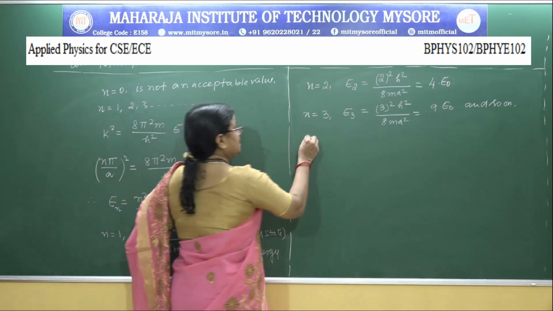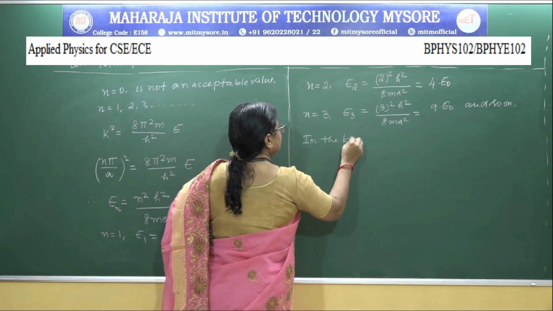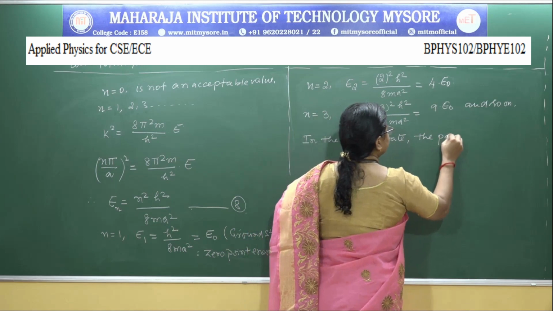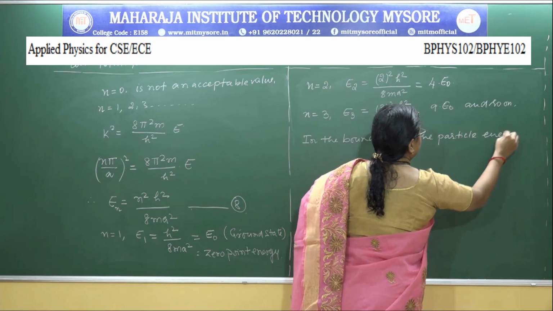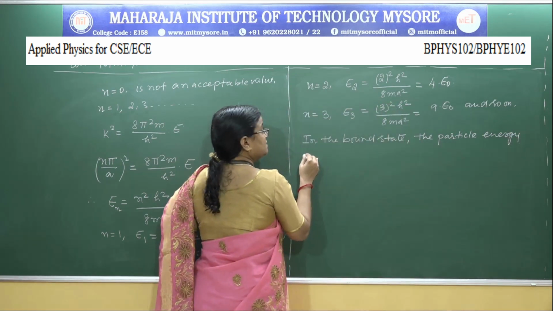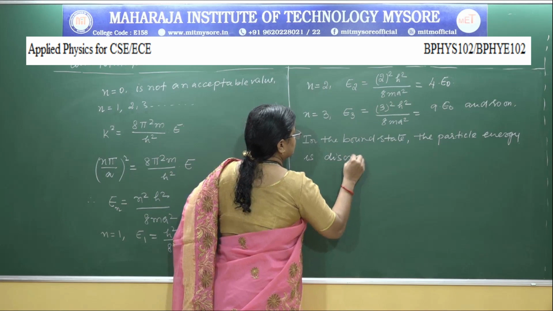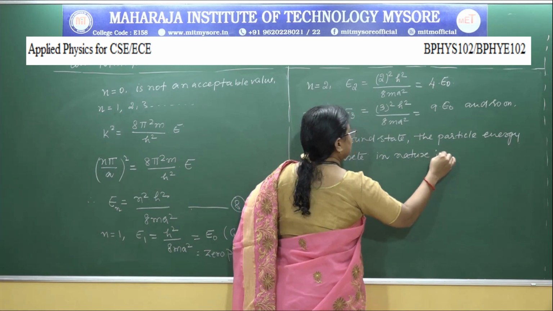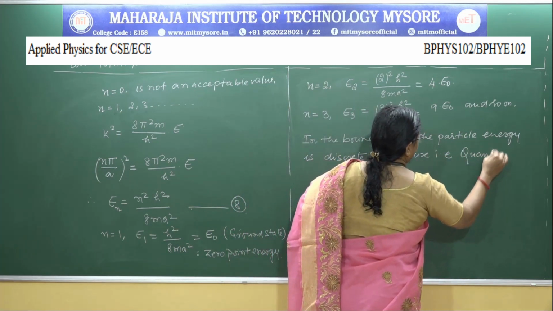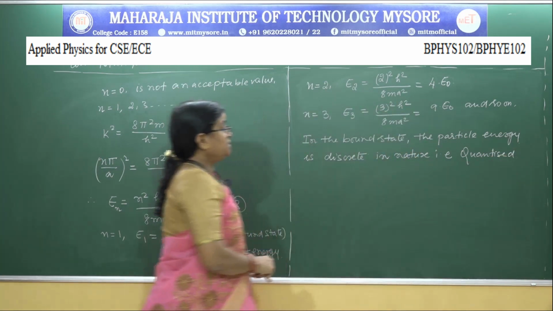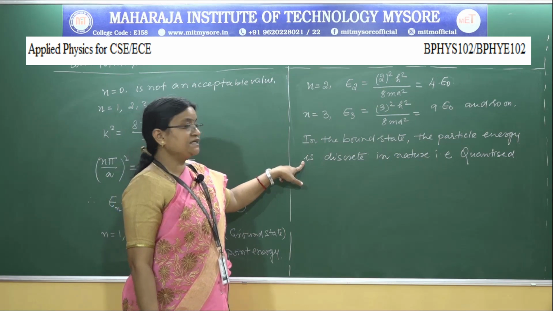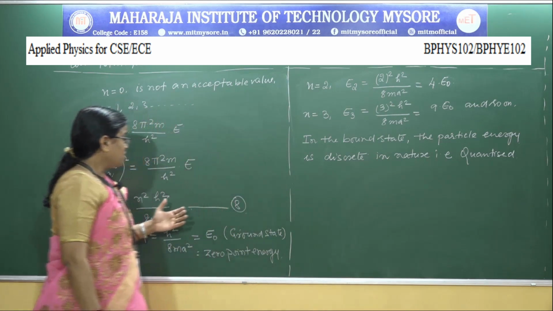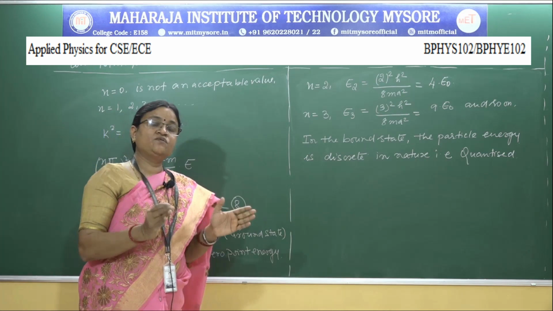So what we can say is that in the bound state, the particle energy is discrete in nature, that is quantized, means each energy level has its own energy value when the particle is in the bound state.